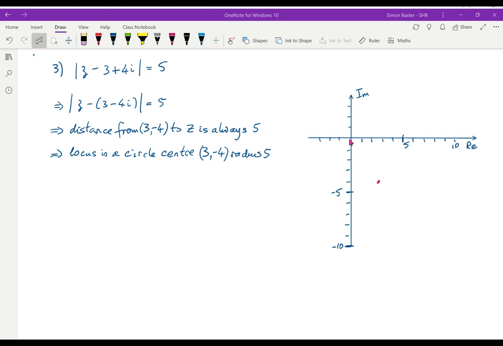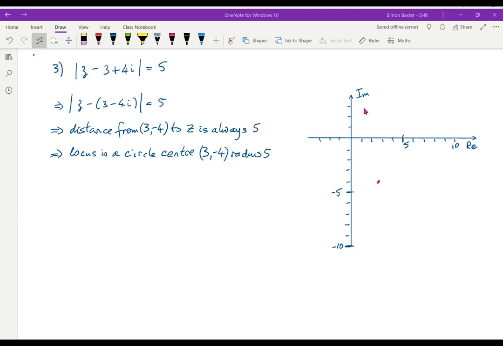The circle has radius 5, the center is at (3, -4), the distance from the center to the origin therefore is 5. So when you're drawing a circle, you must make sure that your circle is in the right place relative to your origin.